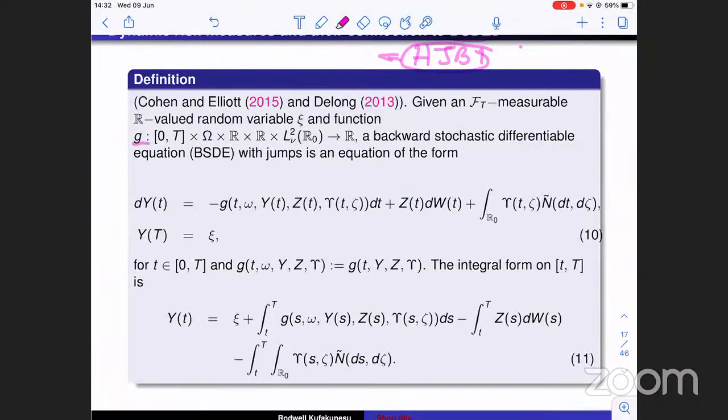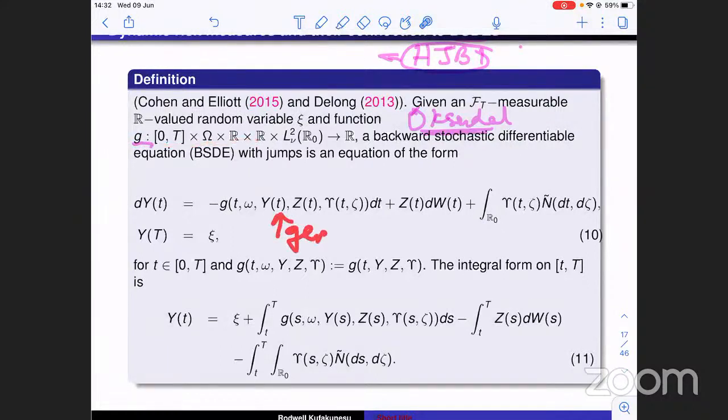So there are many references to this. I didn't put Øksendal, but I can also put Øksendal as notes. Yes, in his book on the maximum principle, you can see that. So the G here is the generator.